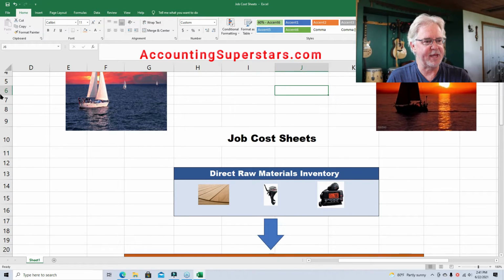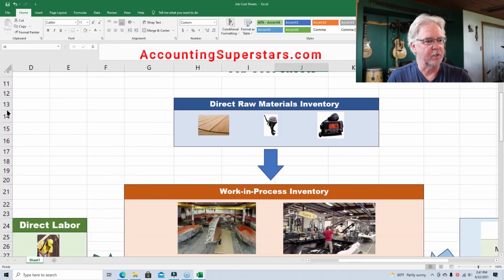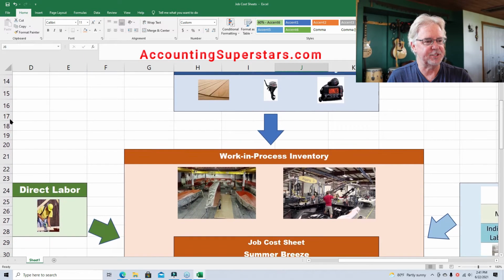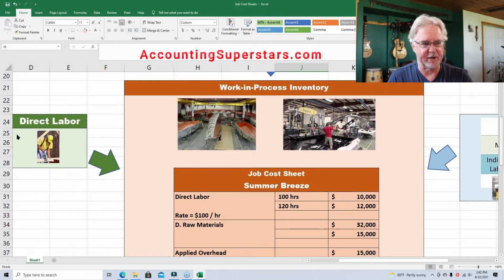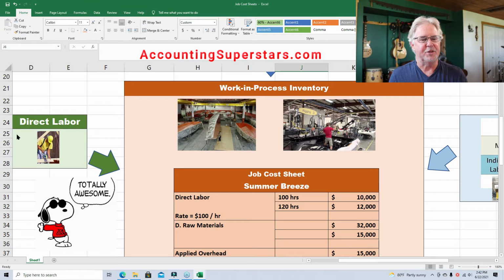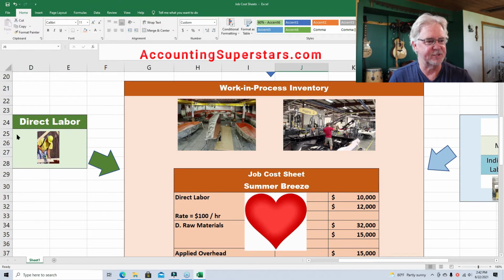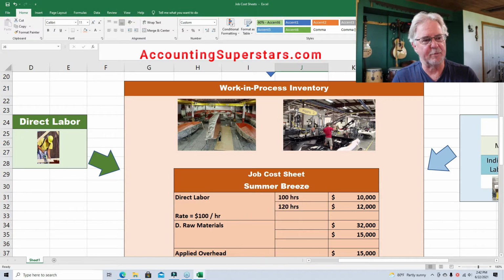So coming down the page here, job cost sheets reside in the work in process inventory. In fact, they're the heart and soul, as I like to say, of work in process. So here's what's going on in this work in process. We've got the Sunset Sailboat Company, and they build sailboats, 25 to 35 foot sailboats.